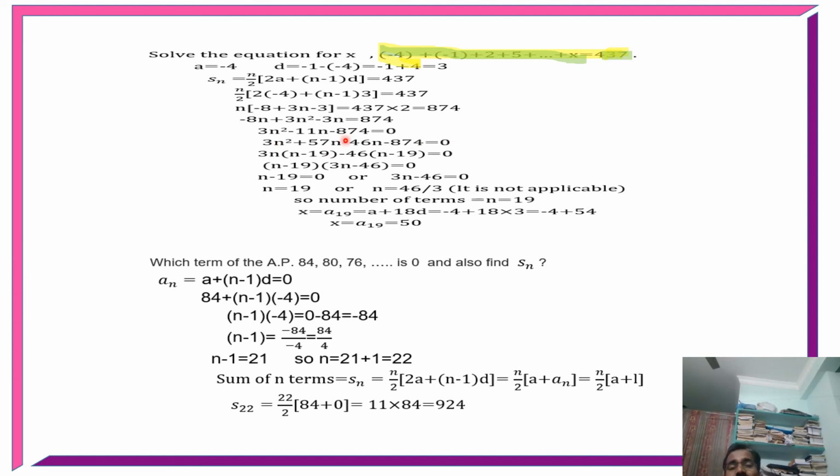Apply splitting of the middle term. Sorry children, here is a small difference: as the middle term is negative, it should be negative, students. So we can write 3n square minus 57n plus 46n minus 874 equal to 0.